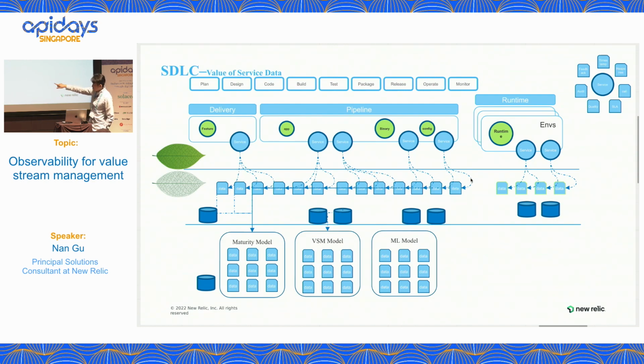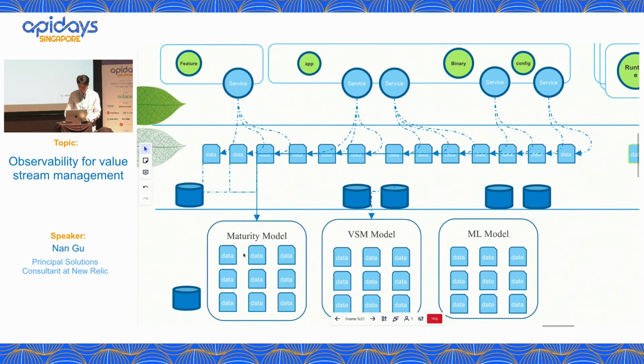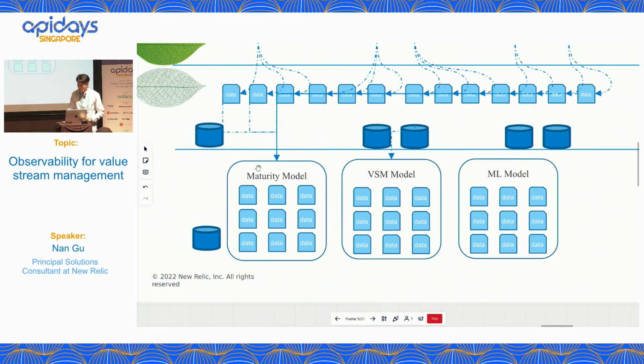Look at this. We can use the data to make our own maturity model. We need to know our developers' maturity level, whether level 1, 2, or 3. We have adopted Agile, DevOps, Lean, and maybe domain-driven design.